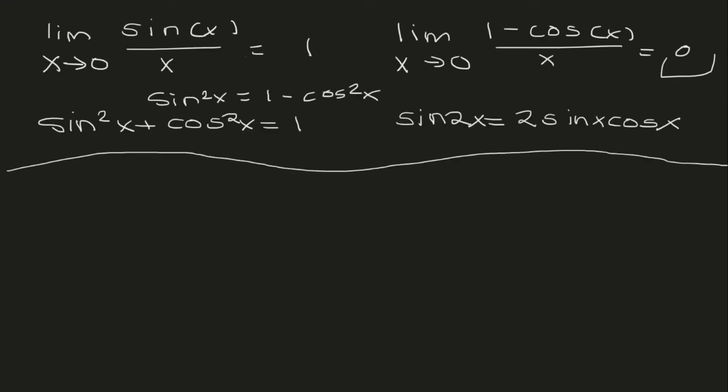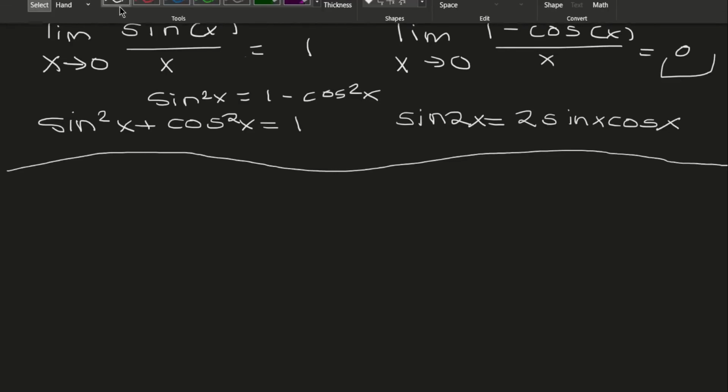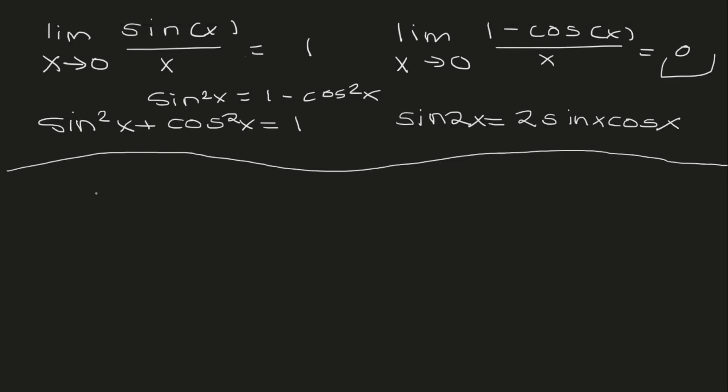All right, let's do one last trig function. So let's try the identity using sine as well as this one right here. So the limit as x approaches 0 of the function sine 4x all over 4x.